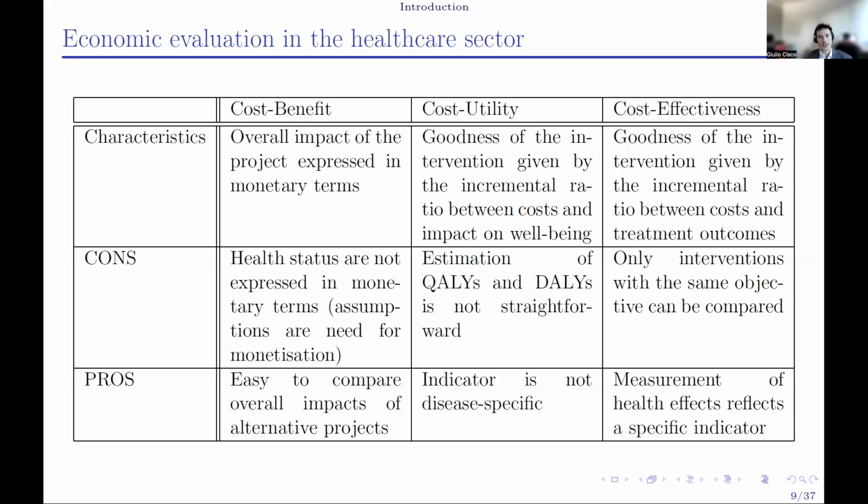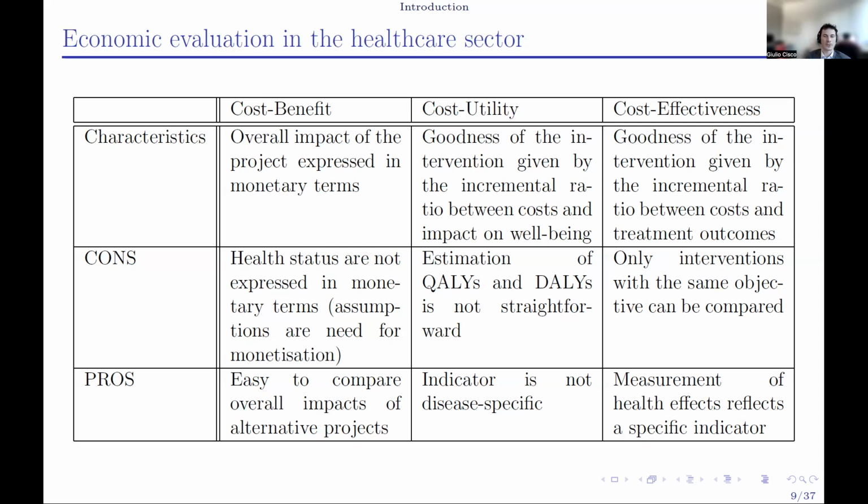What is used in health economics normally is cost-effectiveness analysis, in which instead of just comparing in monetary terms the cost and the benefit, you consider the ratio between the cost of the intervention, so let's say the cost of a specific treatment, and the effect of the treatment, which is now not in monetary terms but expressed in a health indicator.